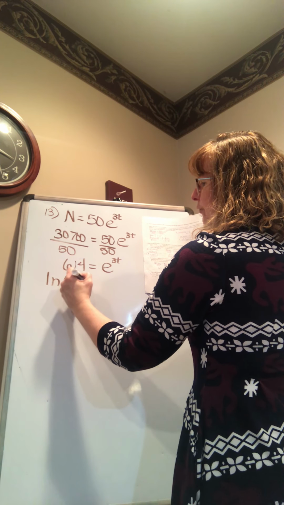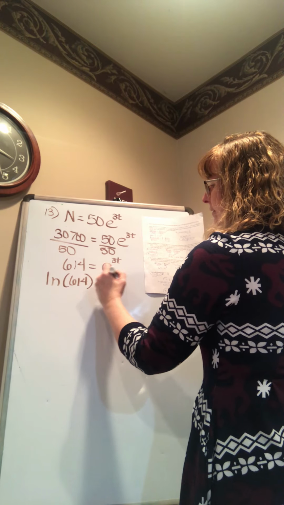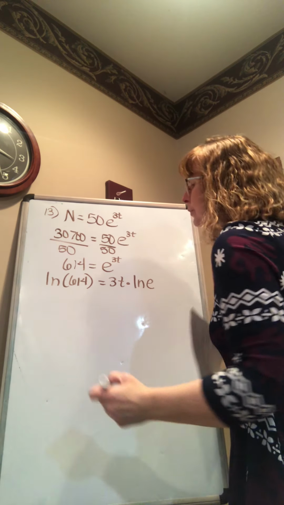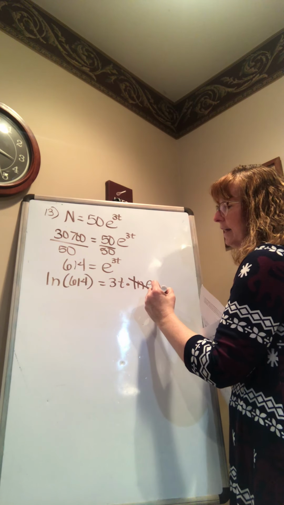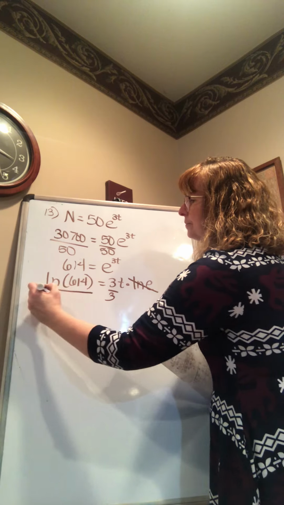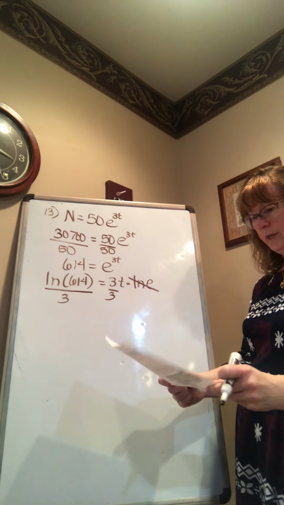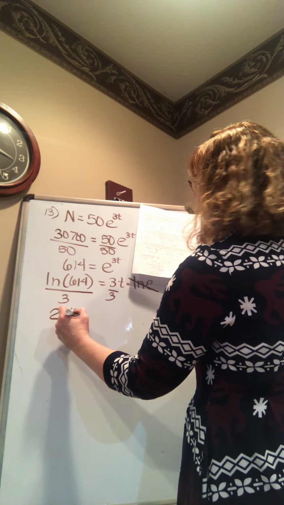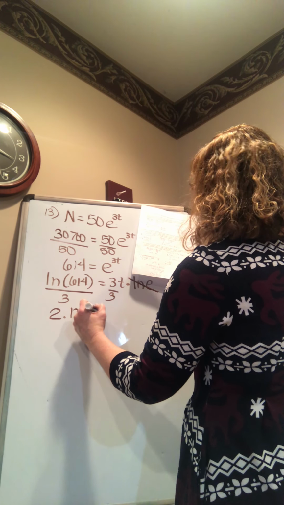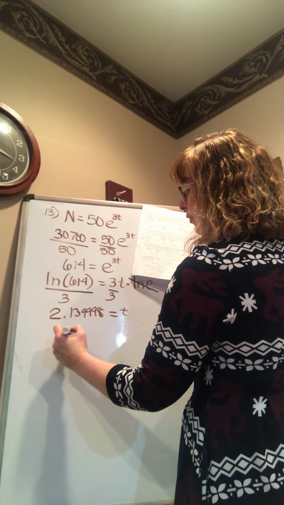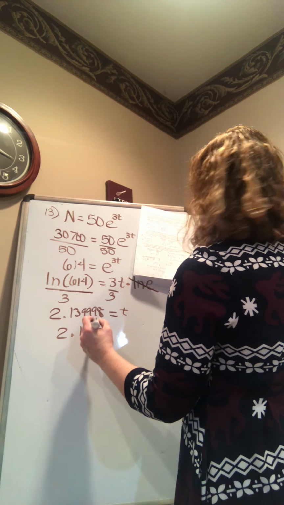Natural log is 614. I just went right to the power rule. These guys are going to cancel. And so now I'm going to divide by 3. And we find that it took 2.139998, so roughly 2.14 hours.